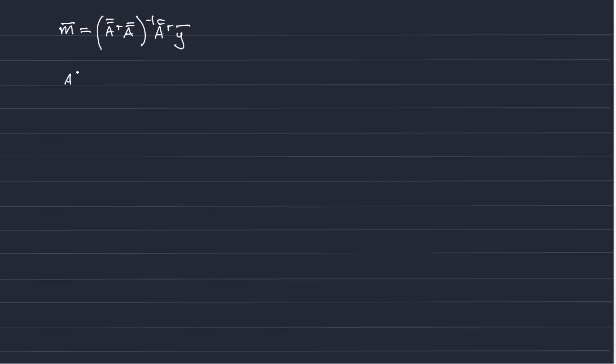Let's look at A transpose A. A transpose was a row of ones and a row of our x values. And A was a column vector of ones, and our values of x in the next column.